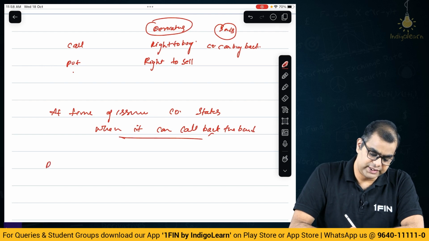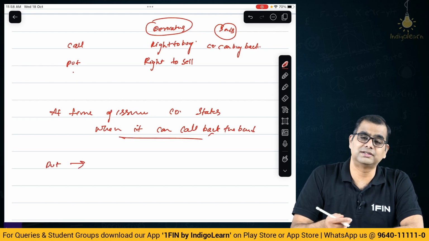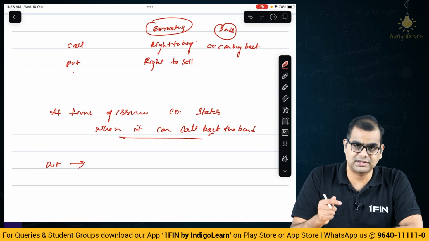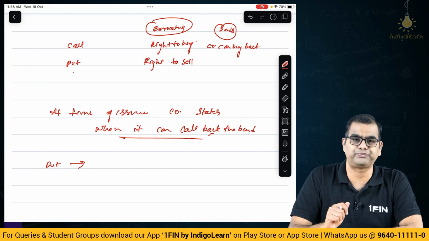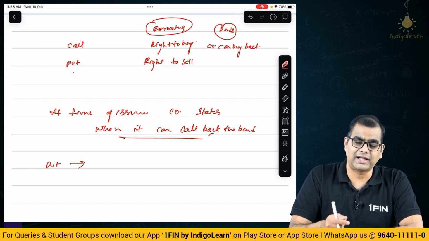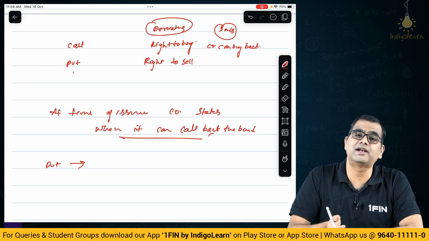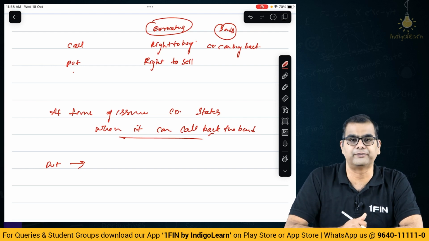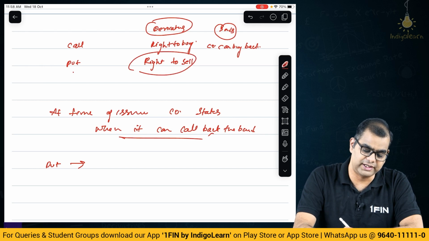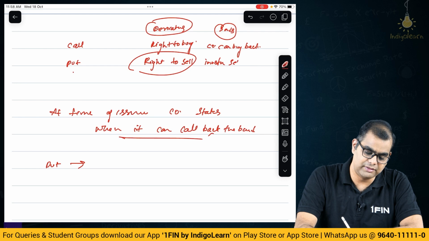Okay. Put is when the investor, that is the person who has invested in the company, or rather the person who has lent to the company, has a right to sell the bond back to the company. So, put is what? A right to sell. In case of bonds, investor sells back to company.